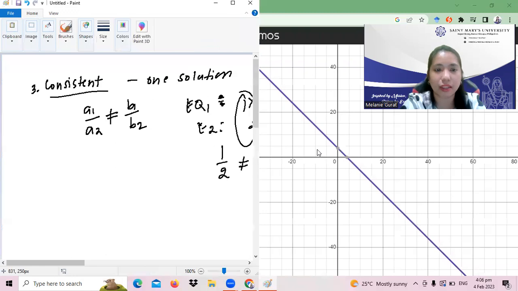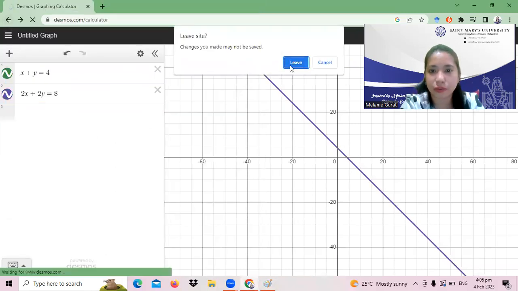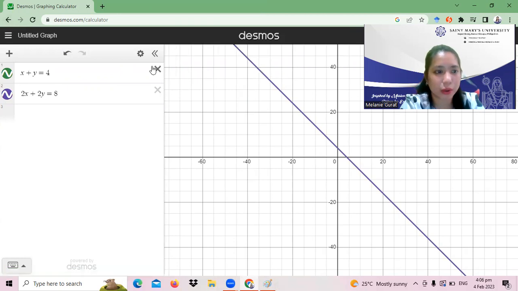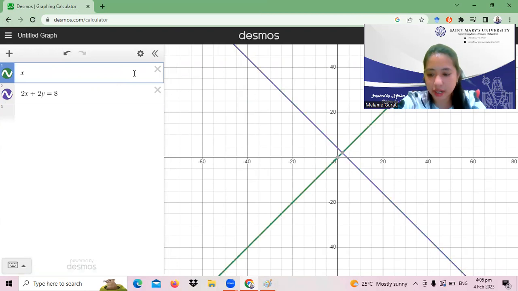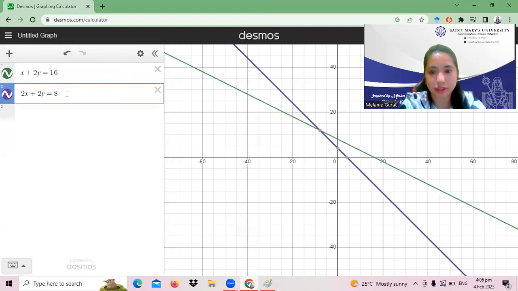Looking at our figure here, if we change the encoded equations and place x plus 2y is equal to 16, and the other one, they are also consistent.